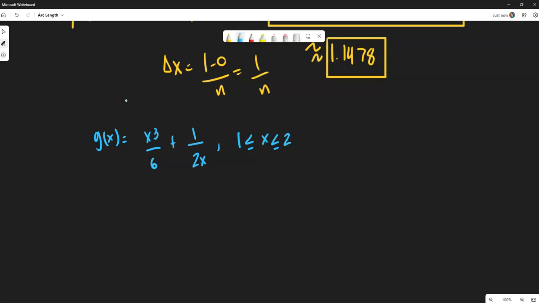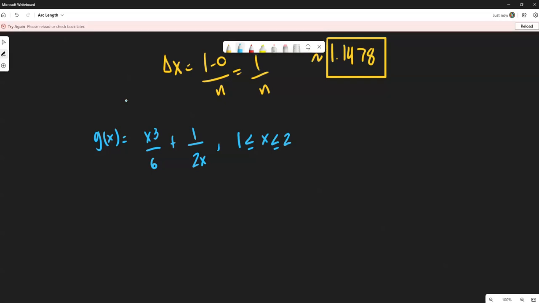Of course, you know that you need to find the derivative, you need to square it, and you also need to add 1 to it, and then evaluate it from 1 to 2 in terms of the integral. That won't be too hard, because we can find the derivative.